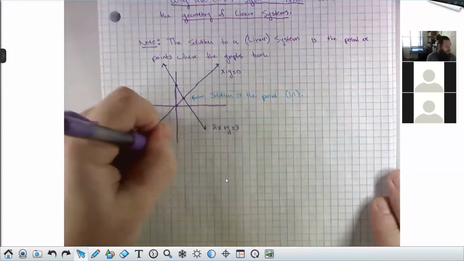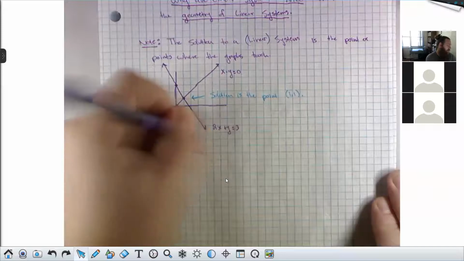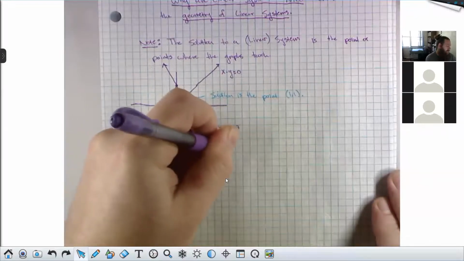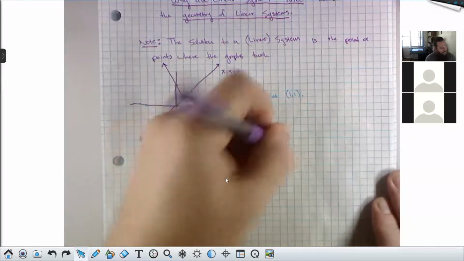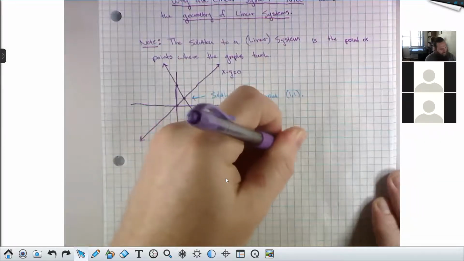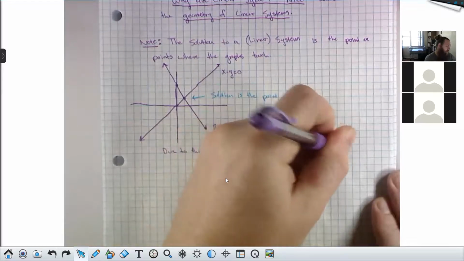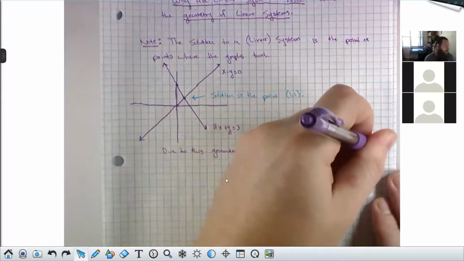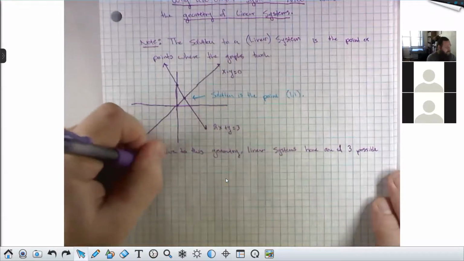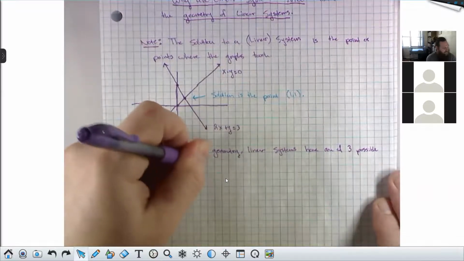So due to this interpretation, due to this geometry, linear systems have one of three possible solution cases.